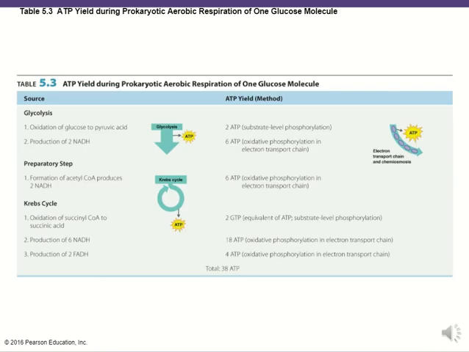This is just a chart of many examples of ATP yield during prokaryotic anaerobic respiration of one glucose molecule. And effectively, in the end, aerobic respiration produces a lot more ATP than simple anaerobic respiration without glycolysis or the Krebs cycle.